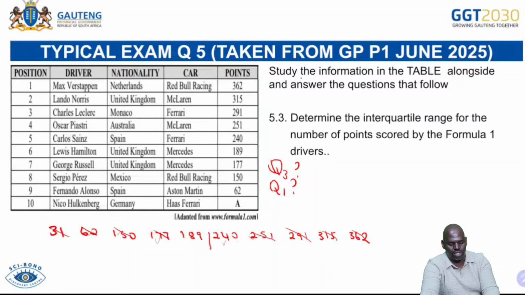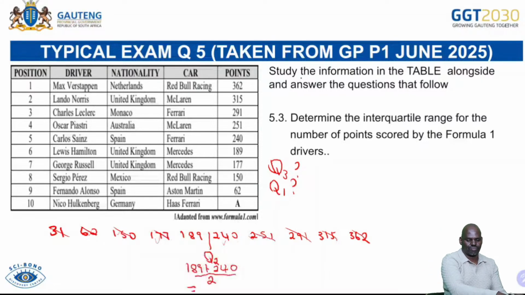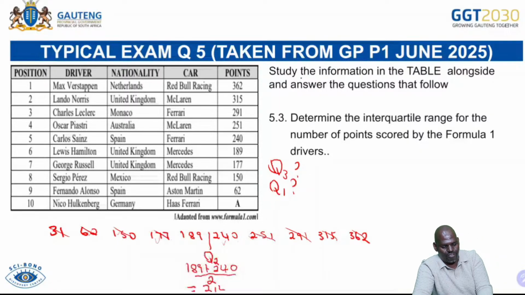So I'll say this is my quartile 2, which is 189 plus 240 divided by 2. Then I press the equal sign, and I get 214.5. Now this is where quartile 2 is.